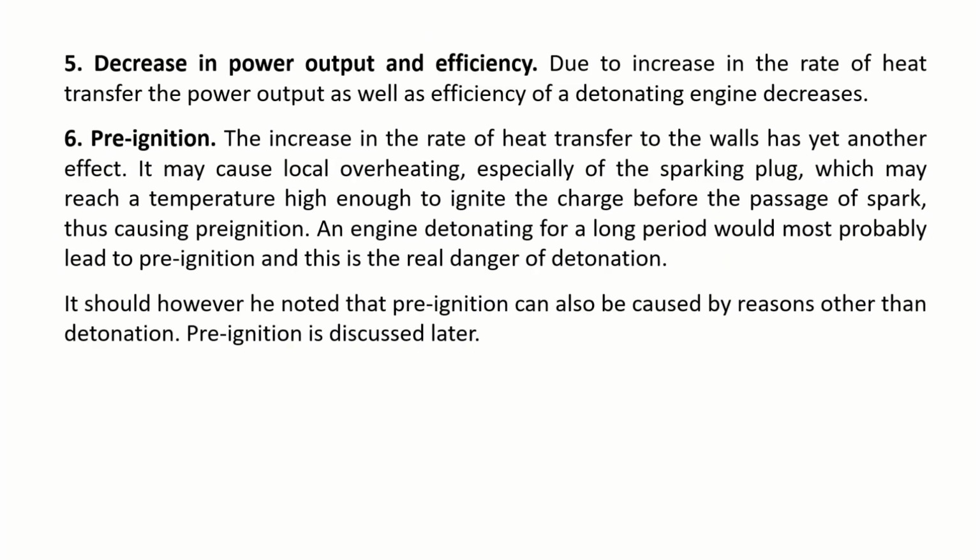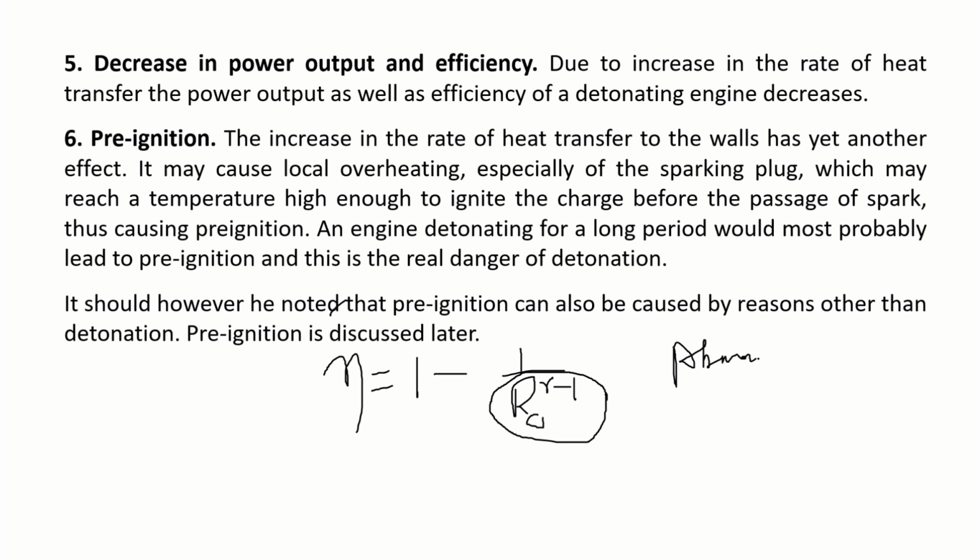So, SI engine, please note that the whole challenge is here. Efficiency of an engine depends upon compression ratio. If I increase the compression ratio, it may lead to some kind of abnormal combustion in an SI engine beyond a certain value.